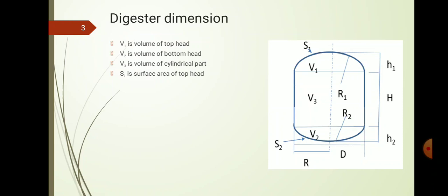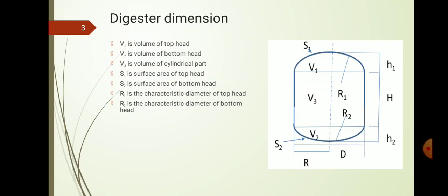Similarly, S1 and S2 are the external surface areas of the top and bottom head, and R1 is the radius of the top head, and R2 is the radius of the bottom head. Capital H is the height of the cylindrical portion, that is, the central portion.